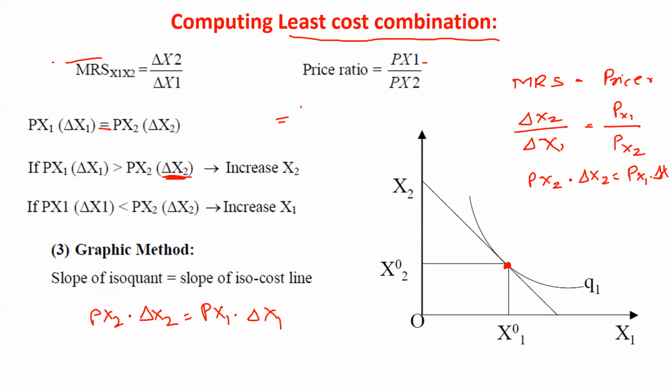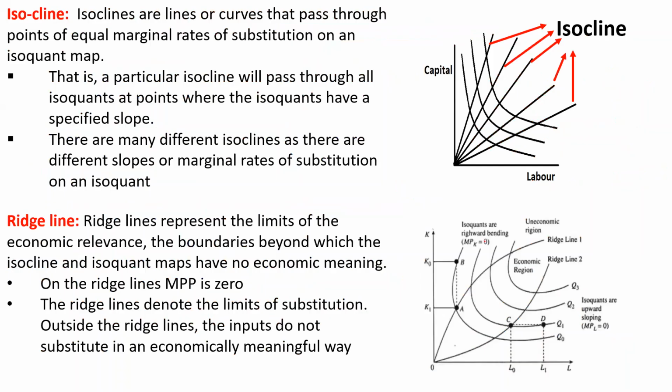And if price of X1 into change in X1 is less than price of X2 into change in X2, at that time we have to increase X1 to bring it to the equal level. So graphically we can say the least cost combination is at the point where the slope of the isoquant is equal to the slope of the isocost line, that is at the point of tangency where the isocost curve is tangent to the isoquant curve, that is the least cost combination.